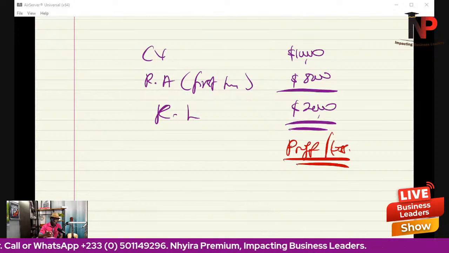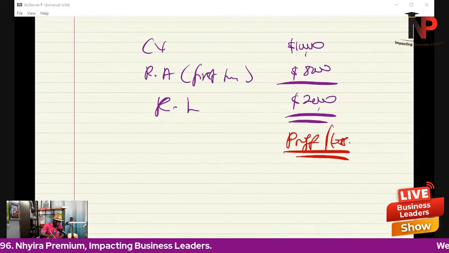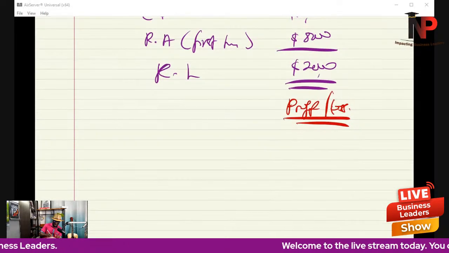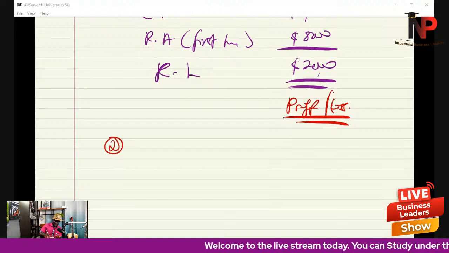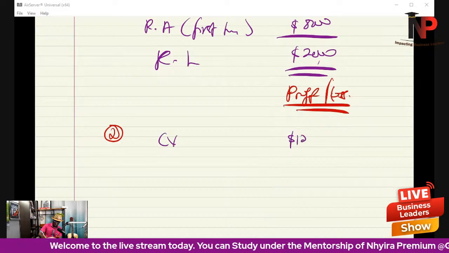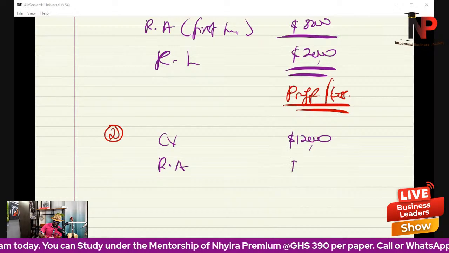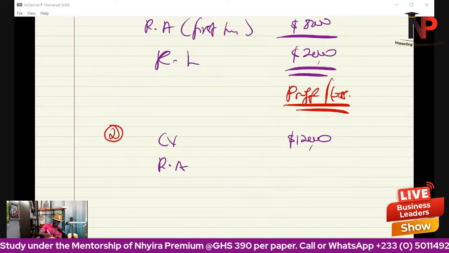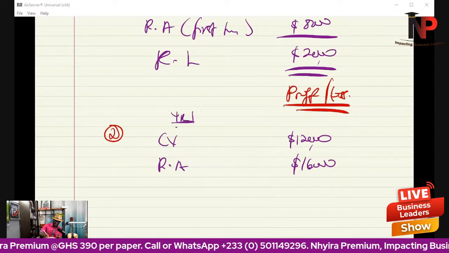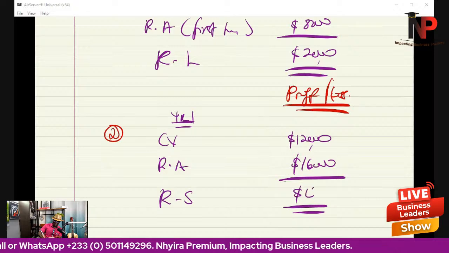Sounds good? So that is the first scenario. It's the first time we are revaluing the asset. But there is another scenario, scenario number two. Let's say that the carrying amount of the asset was $12,000. Then we revalued it to, say, $16,000. So that's the first year, and we had a revaluation surplus of $4,000.